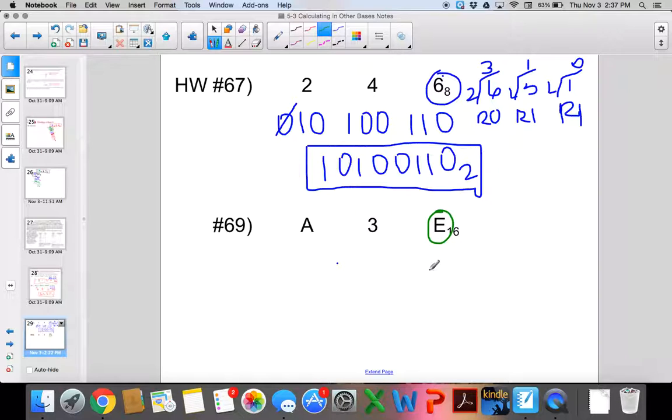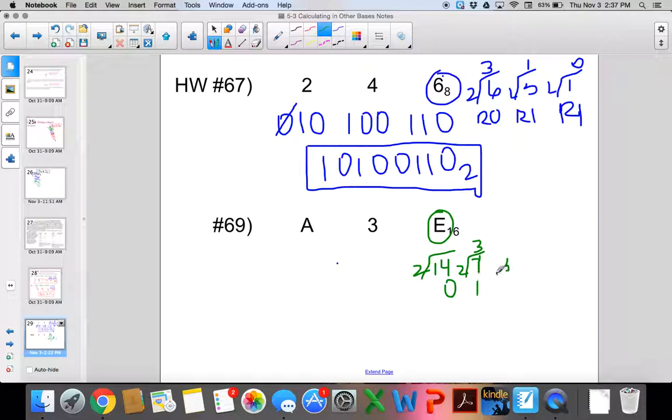E, in the hexadecimal system, is equivalent to 14. So 14 divided by 2 is 7 with a remainder of 0. 7 divided by 2 is 3 with a remainder of 1.